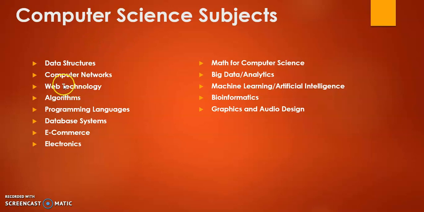Next, another important computer science subject is computer networks. Many industries rely on computer networks to store information, monitor computer use, and communicate between remote office locations. While computer networking might seem like the purview of an IT professional, it is still a huge part of computer science.